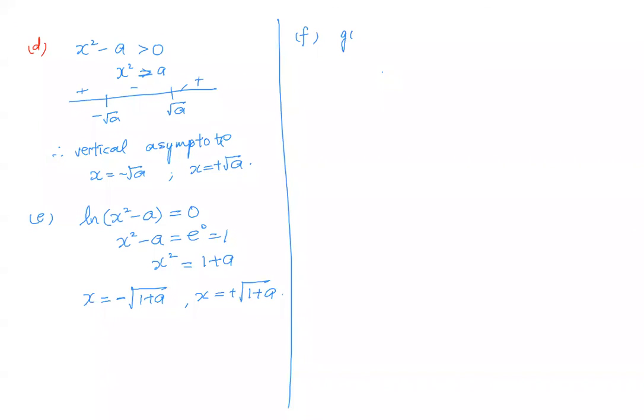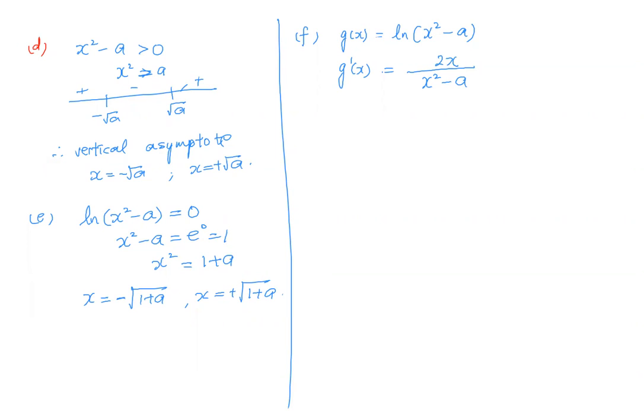So part F is g of x is equal to ln of x squared minus A, correct? So I have to find g prime x, am I right? So to differentiate ln, you put down the f of x at the bottom, f prime x on top.